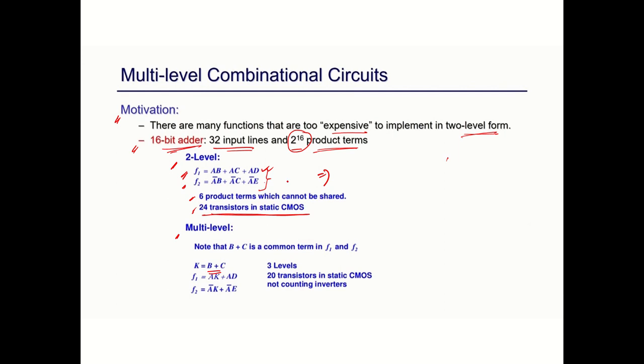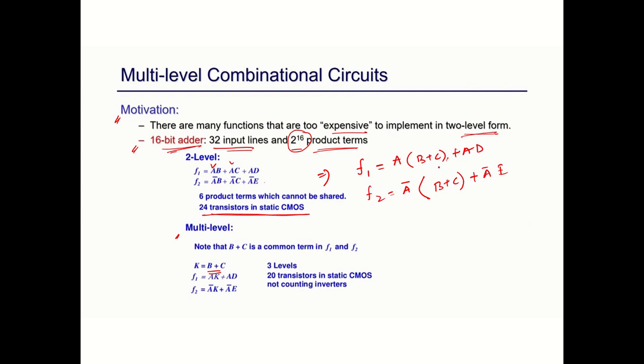From the first function, I am just writing f1 is equals to, if we take a as a common from the first two product terms, it is b plus c, then ad. From function f2, if we take common a bar, it is b plus c, and then a bar e, correct.